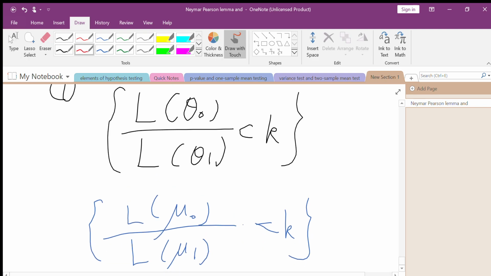Here you have to keep in mind that k is just a notation for some arbitrary constant which needs to be determined.